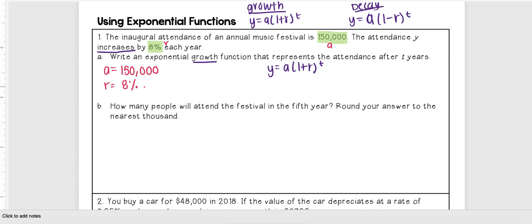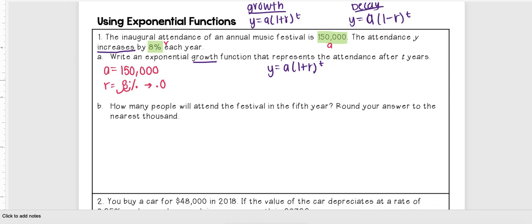However, to plug it into this, I can't keep that as a percent. I need to change that to a decimal, and so now I need to take this point and move it backwards two to make it into a decimal. And since I ran out of numbers here, I'm just going to fill that in with a 0.